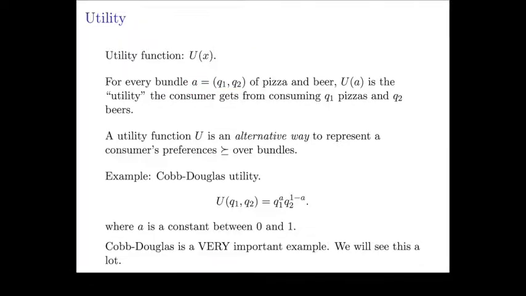One example of a utility function is a Cobb-Douglas utility function. And this is something we're going to use a lot, so you'll want to get familiar with this concept. The utility that the consumer gets from Q1 units of good 1 and Q2 units of good 2 is Q1 to the A times Q2 to the 1 minus A, for some A between 0 and 1. These Cobb-Douglas have some very nice properties, and so we'll see these a lot.